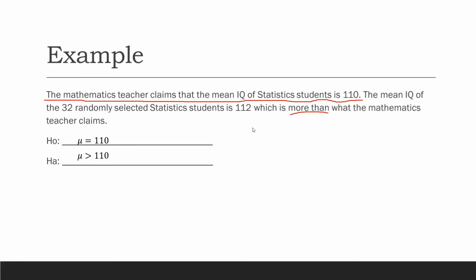So ganun lang po tayo mag-identify ng null and alternative hypothesis doon po sa ating given problem. Now let's proceed to the types of errors. So meron tayong two types of errors. First is type 1 error and the second is type 2 error. So ano po ba yung difference dito?